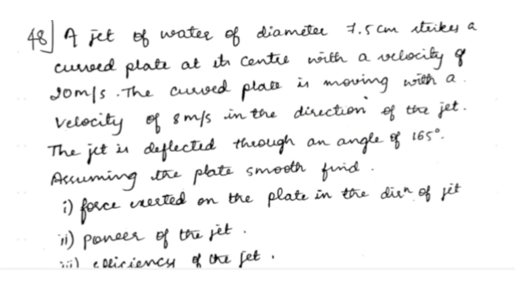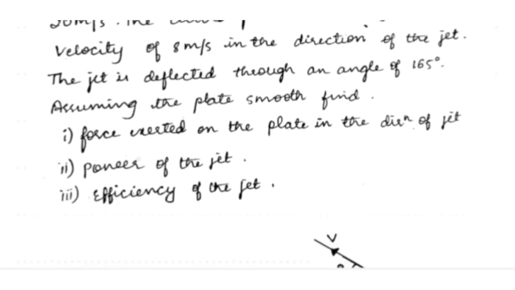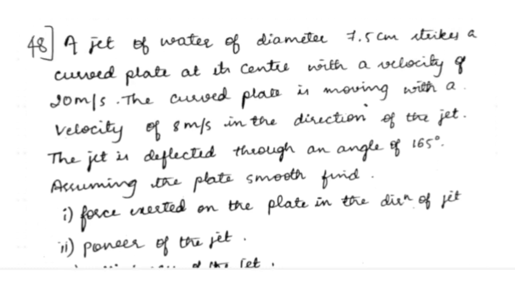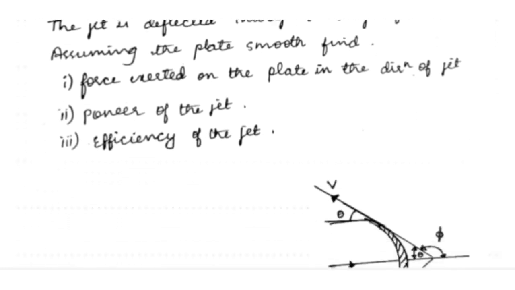Assuming the plate to be smooth, find first, the force exerted on the plate in the direction of the jet, second, the power of the jet, and third, the efficiency of the jet. So let us write the given data first by going through the question.